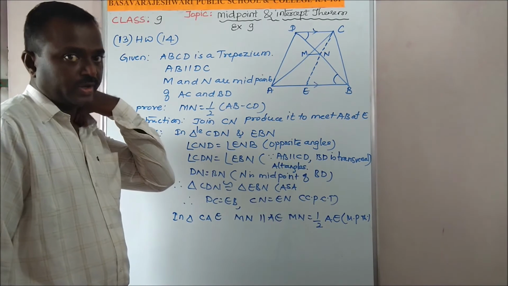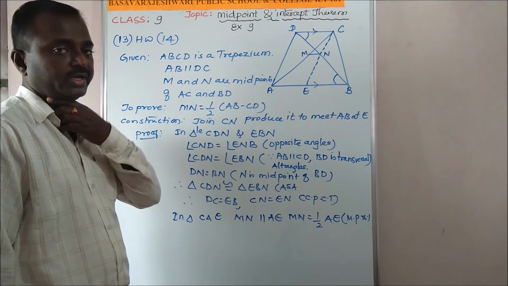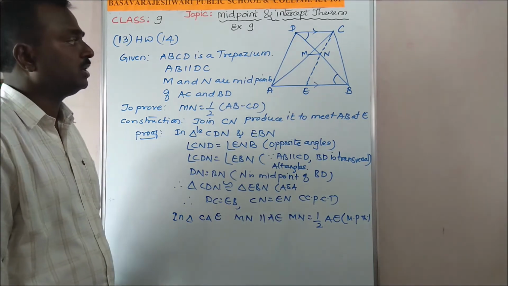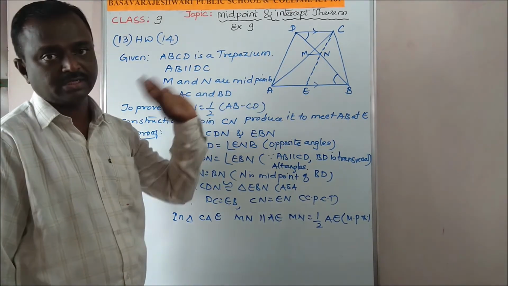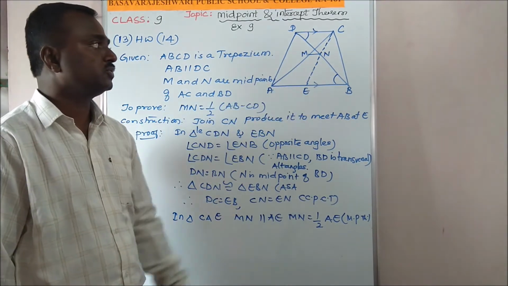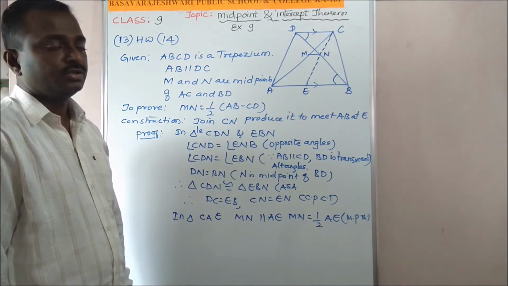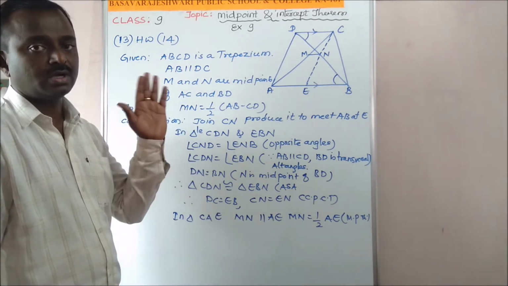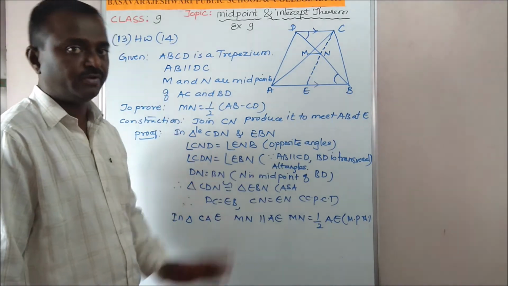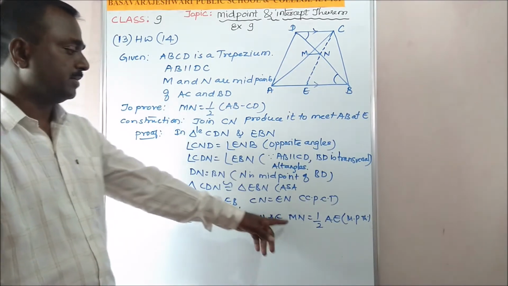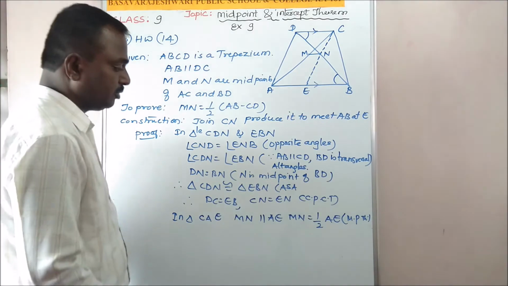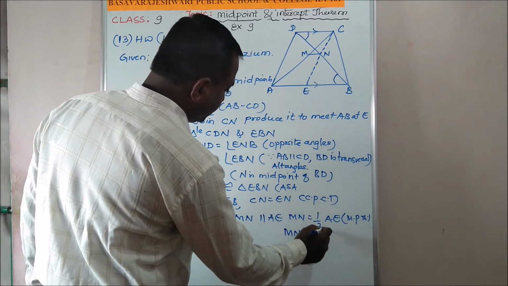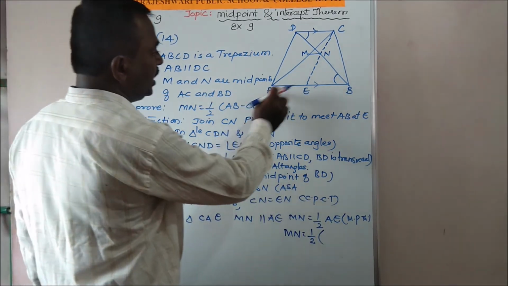A line segment joining the midpoints of two sides of a triangle is parallel to the other side and also equal to half of it. That is the midpoint theorem. So MN is equal to half of AE. Instead of writing AE, I write AB minus EB.